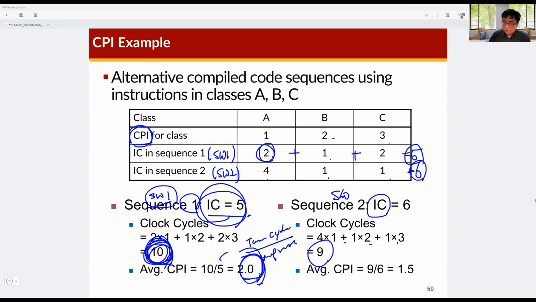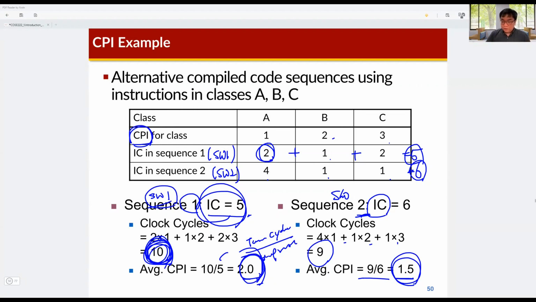And for sequence 2, the CPI is 1.5. So CPI can be different for different software. It is because different instructions have different CPIs, and different software has different fractions of these instructions. That's why different software has different CPI values.